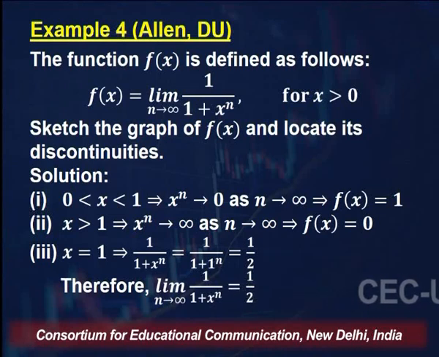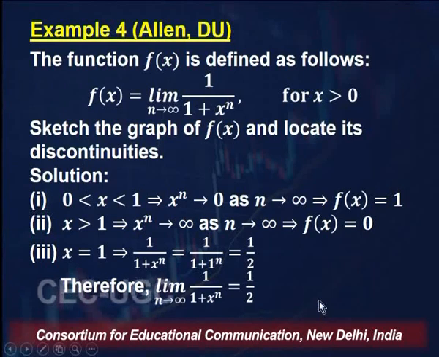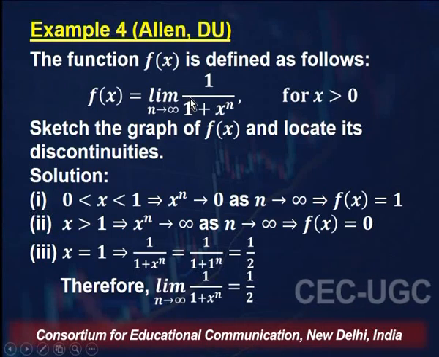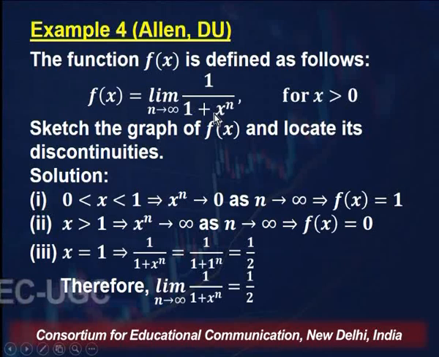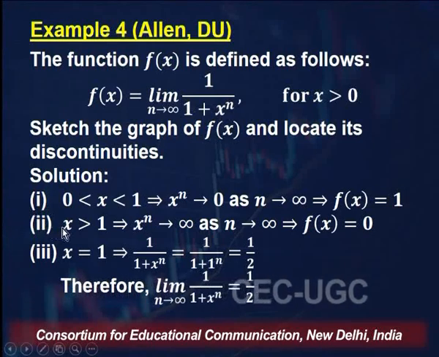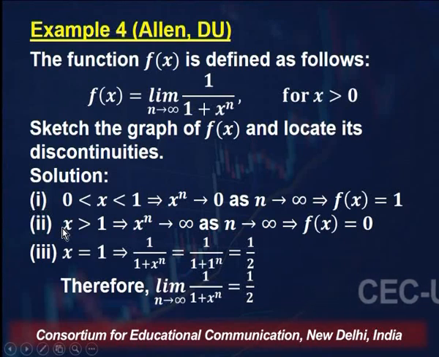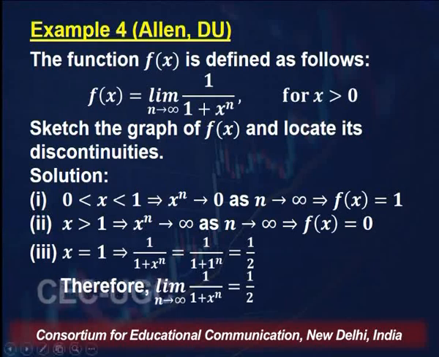So x to the n tends to 0 as n tends to infinity, which is to say that the function is going to take on the value 1, because the limit of 1 upon 1 plus x to the power n is simply going to be 1, because x to the power n tends to 0. On the other hand, if x is strictly greater than 1, in that case, x to the power n will tend to infinity as n tends to infinity.